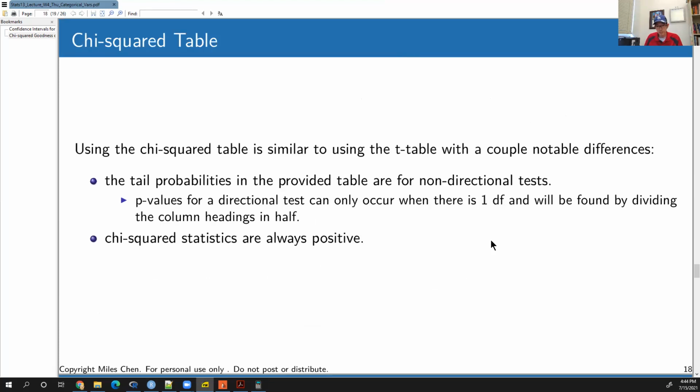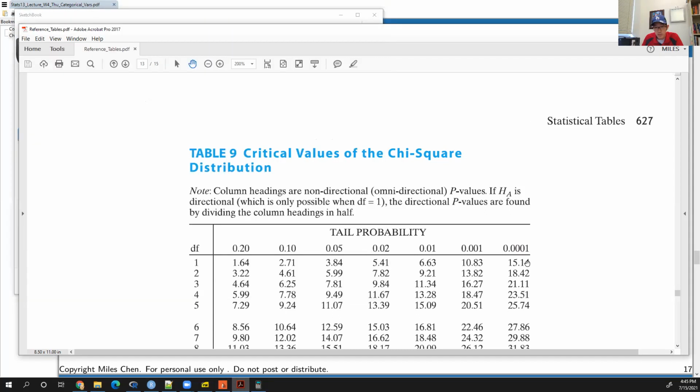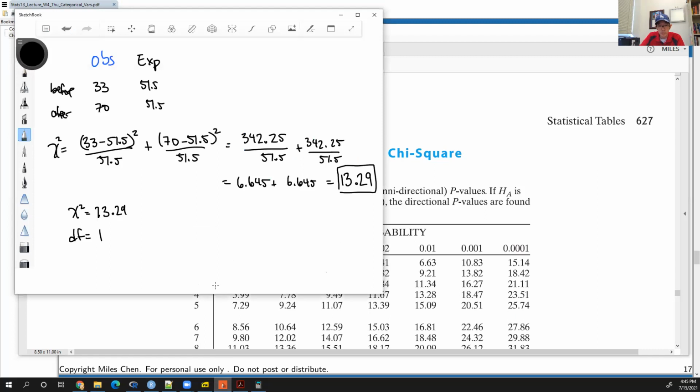Okay, so what we will do is we will go to the table, 1 degree of freedom. We're looking at 13 point something, 13.29. That's in between these two column headings. And again, when we have a directional alternative, we're going to take our column headings and divide by 2. So my tail area is between 0.001 and 0.0001, and my p-value is half.